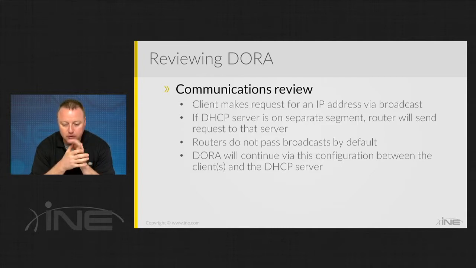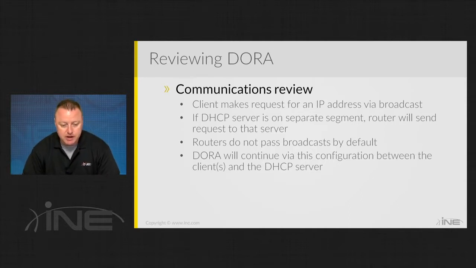You would see that on the local segment, or you would have to look inside the router to see if you had an IP helper address configured, or you can go on either side of the router and run the capture, and if you're on the other side of the router where the DHCP server was living and you did not see discovery packets, or you did not see the request for the DHCP server to send the information back, it's quite possible that it is misconfigured on the router.